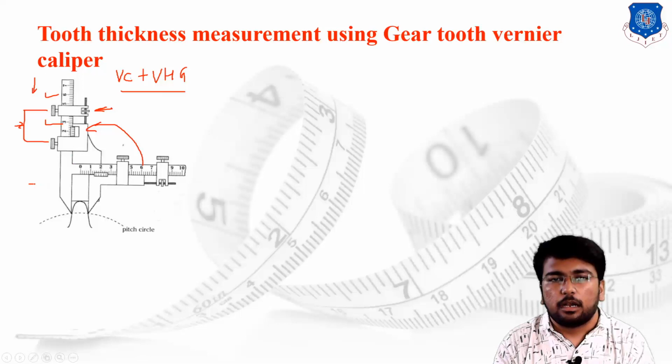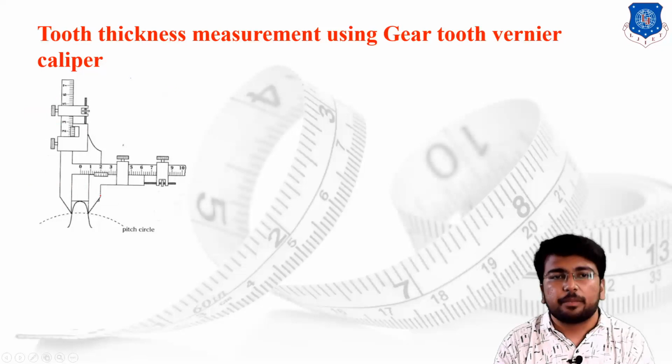Then this rectangle section shows the jaw which moves in the upward and downward direction as well. The fixed jaw is the same for the vernier caliper as well as the vernier height gauge. The moving jaw is also the same for the vernier caliper and the vernier height gauge.